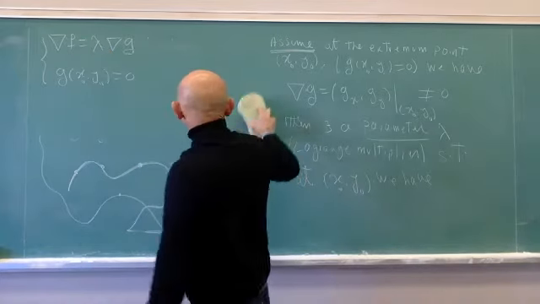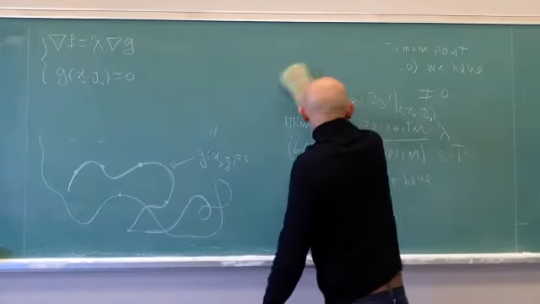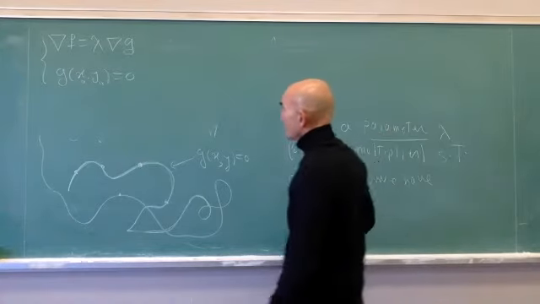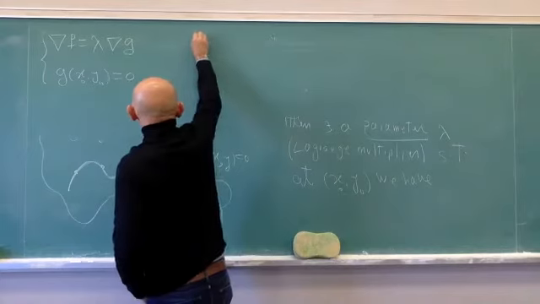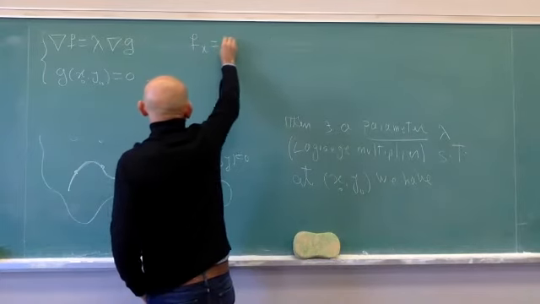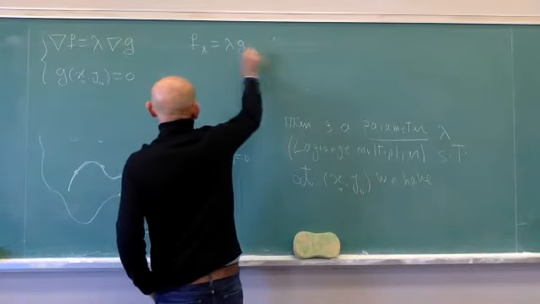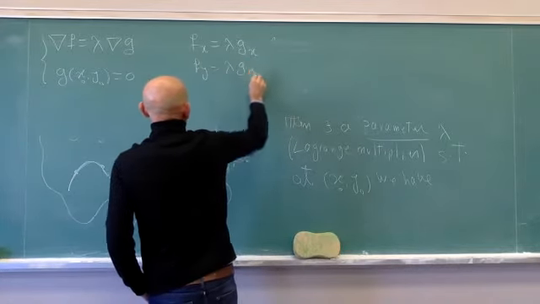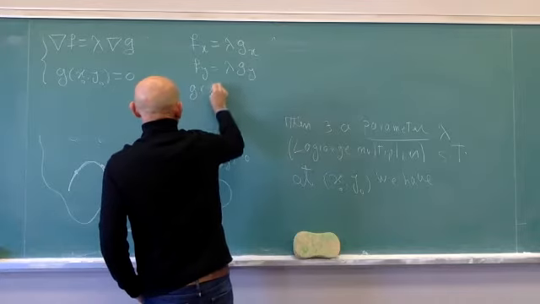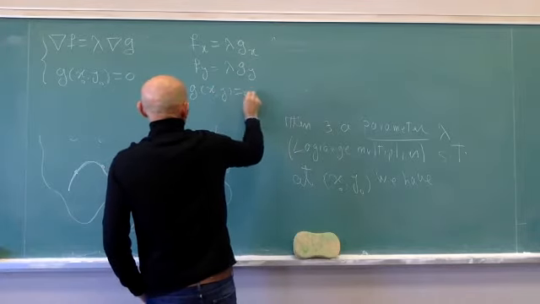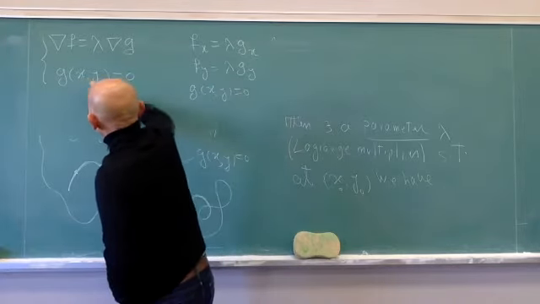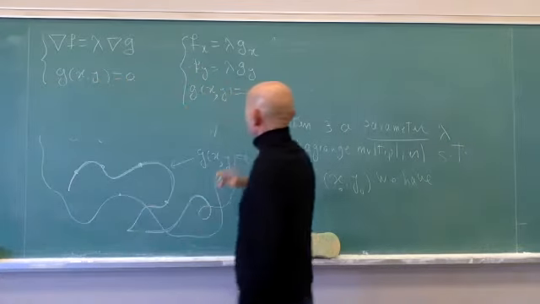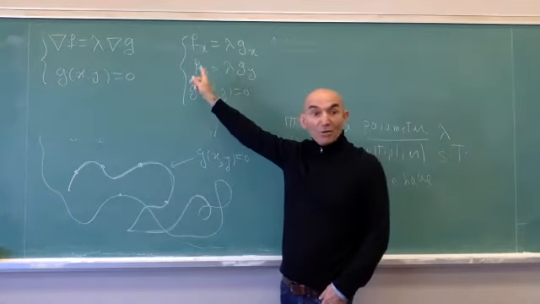So I can write it in a different form: f sub x equal to lambda g sub x, f sub y equal to lambda g sub y, and g of x, y equal to 0. You see, now we have 3 equations, 3 unknowns.